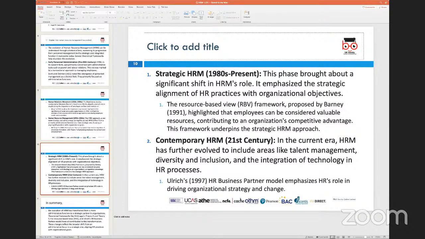So here, there was a further development of the HRM function in the 21st century, wherein contemporary HRM was included. This has evolved from the strategic function of HRM.